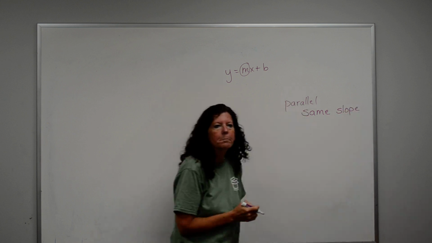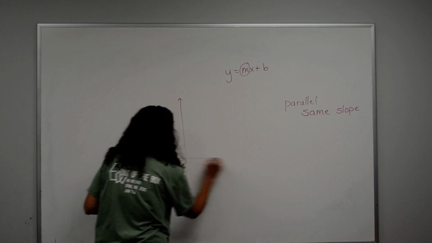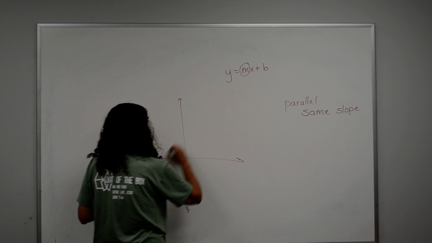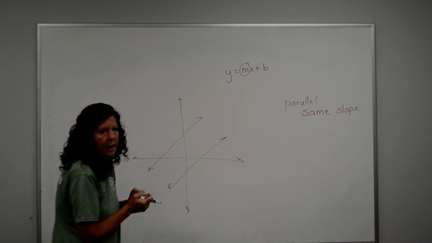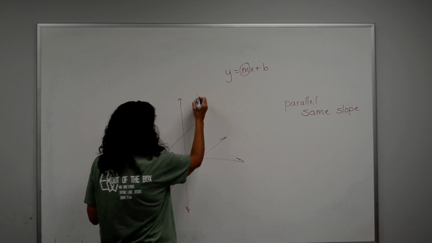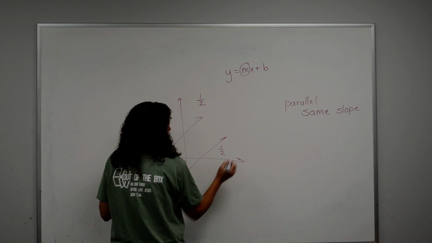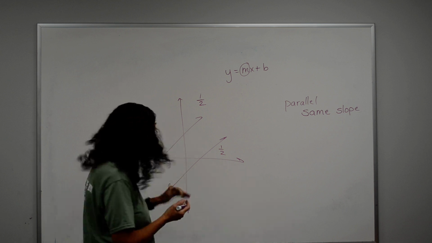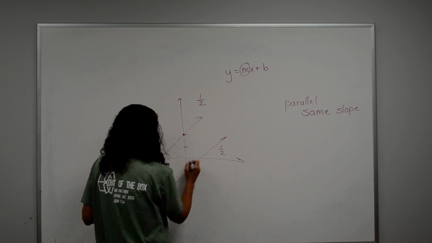They have the same slope. Okay, if I have two lines that are parallel, both of those lines have the same slope. That slope looks like it's probably 1/2. So they would both have a 1/2 slope. Now the intercepts are going to be different, like this one, 1, 2, and 1.